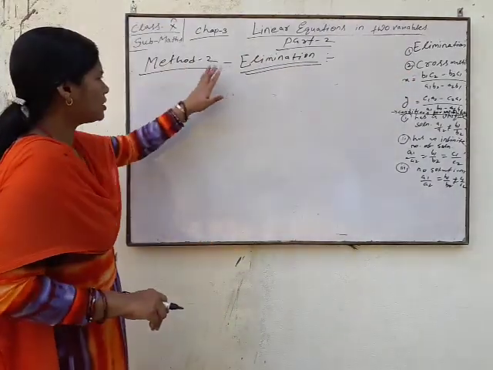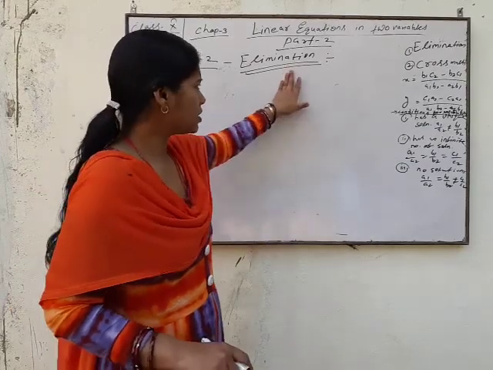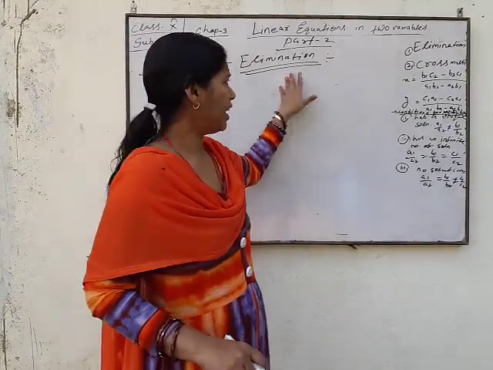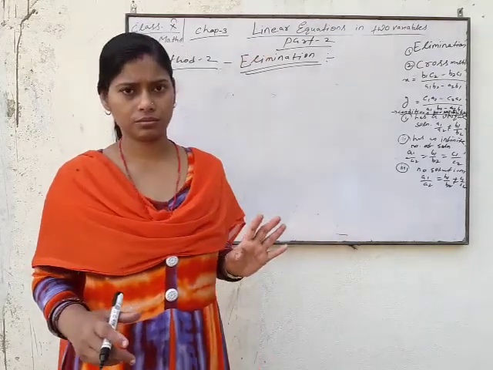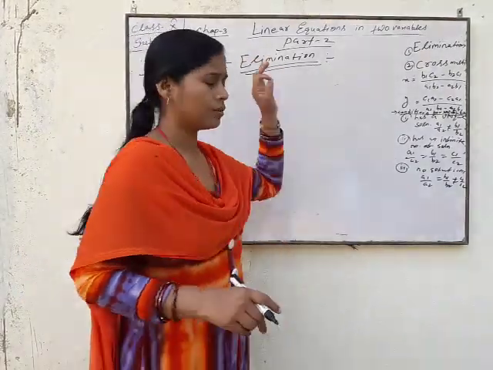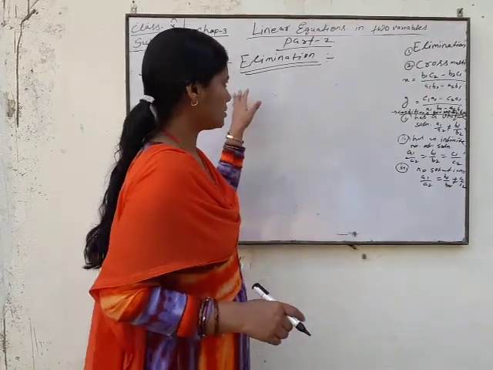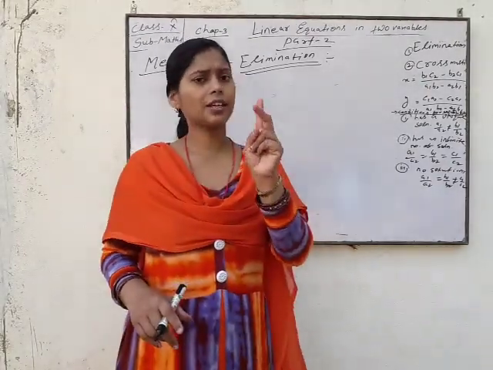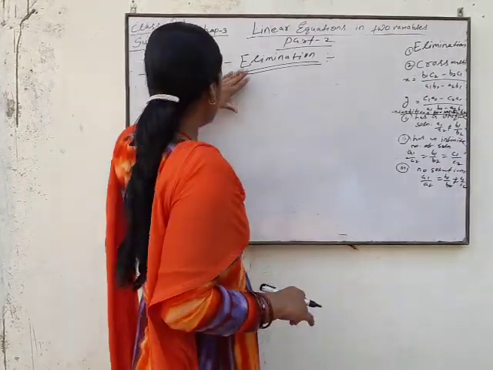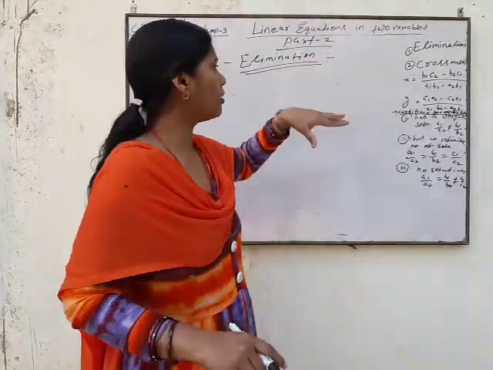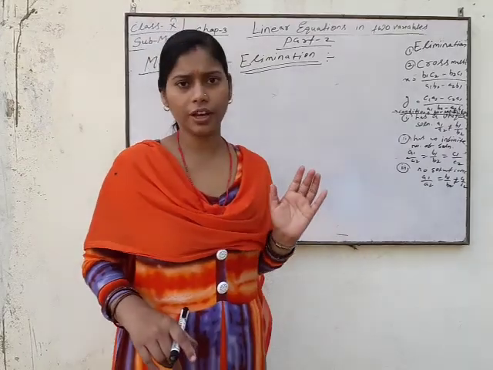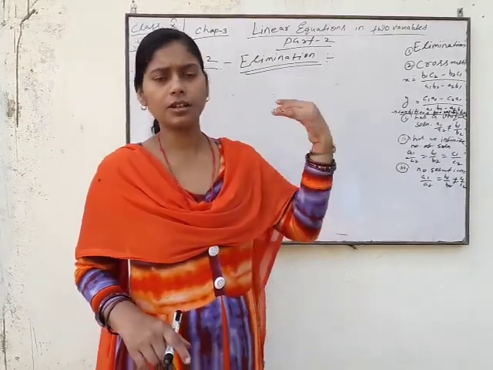Now, what is the elimination method? Elimination method means we eliminate one unknown variable. In your equations there are two variables, x and y. So in this method, we eliminate one unknown variable, that is x or y.